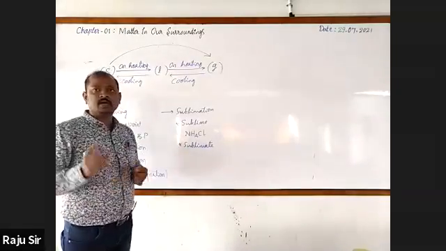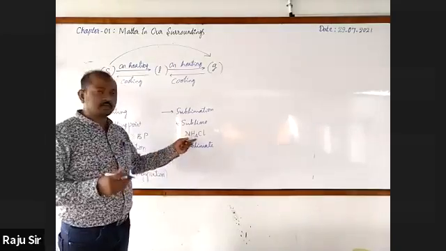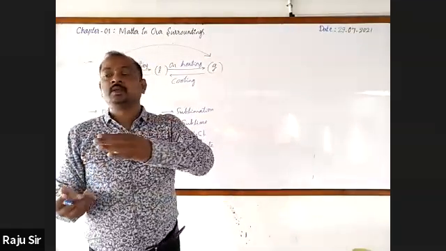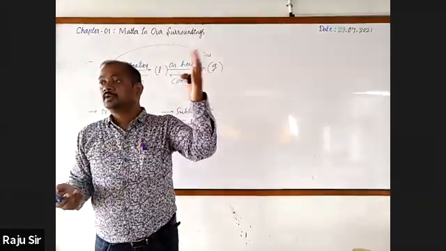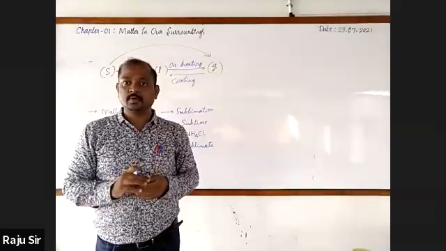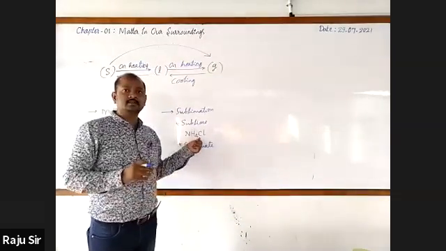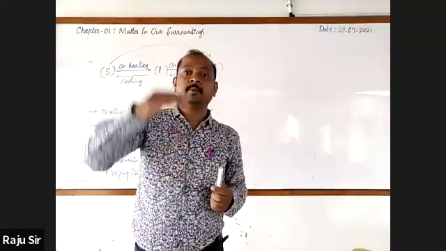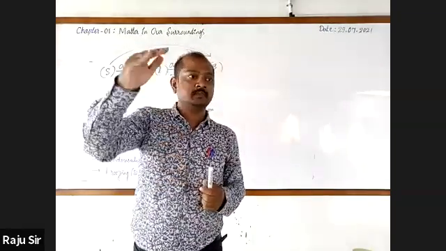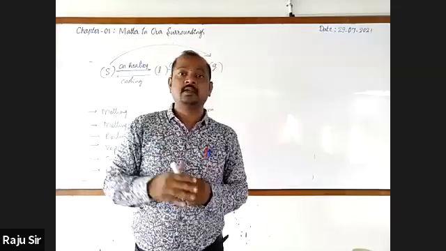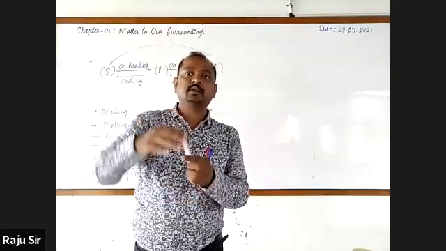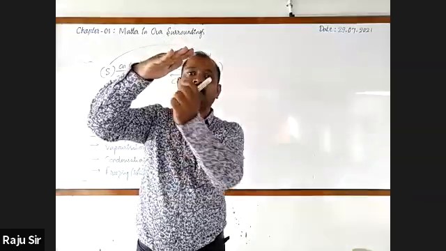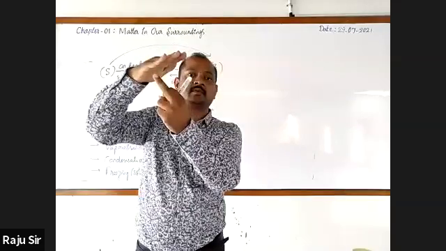Example again, ammonium chloride. It is a white crystal. When it is heated, it is directly converted to gas, without converting to liquid. That ammonium chloride is sublime. When it is vaporized, if you place a watch glass in the direction of its motion, it will be collected there.